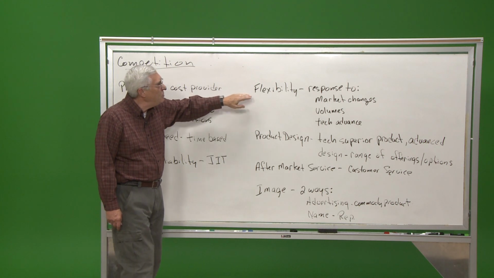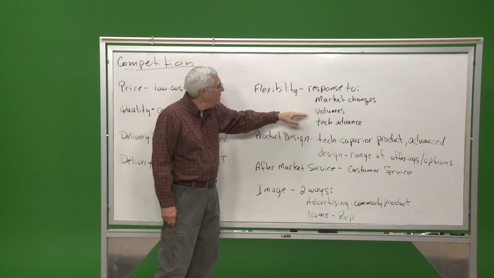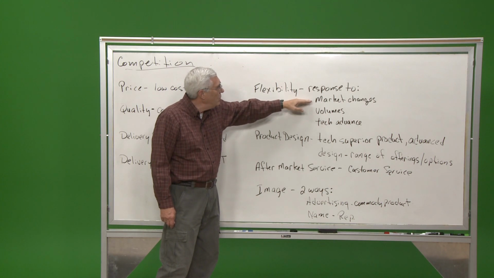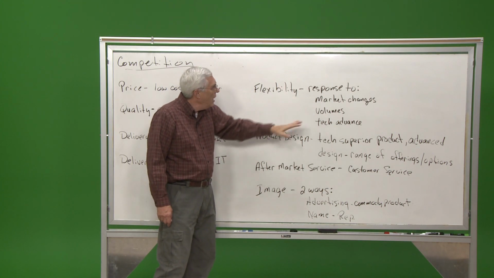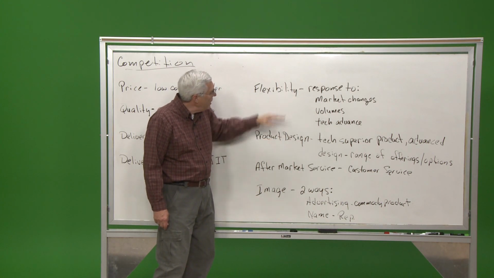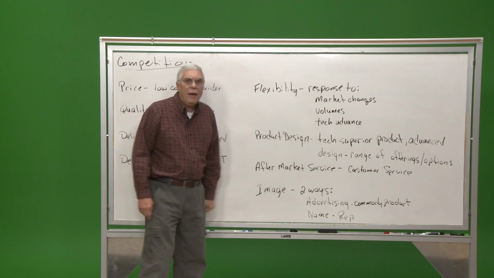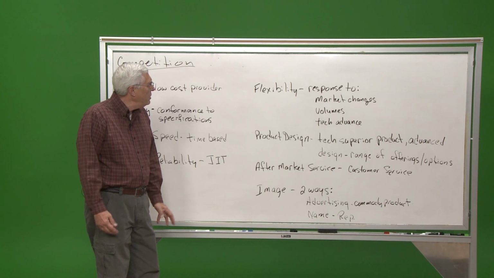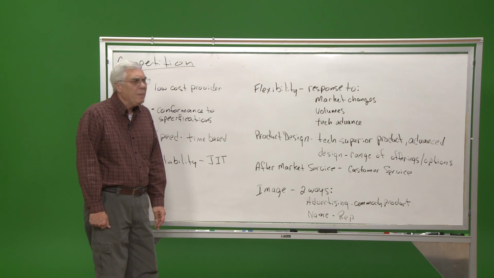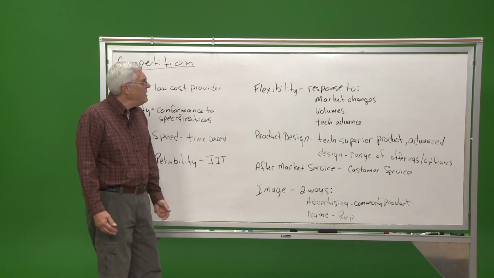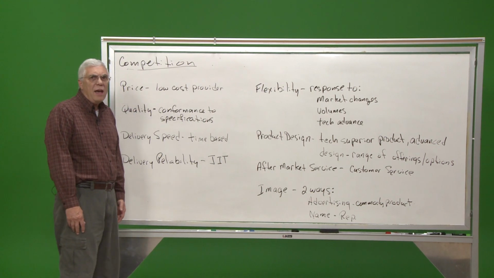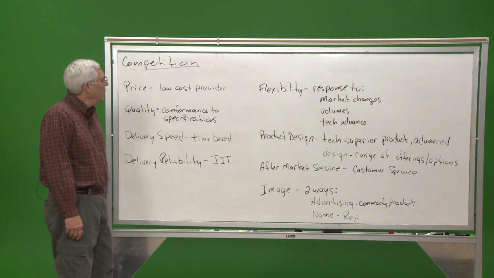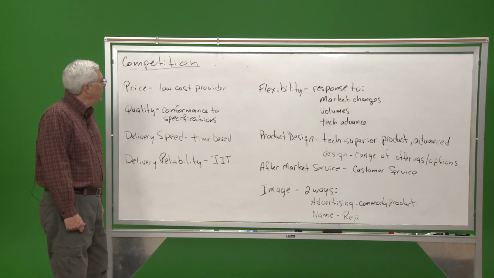We have a superior design that allows us to respond to market changes, volume needs, and actually we're probably hitting the 2 of those together. And it's not uncommon to focus on 2, but you really want to try to limit to 1 or 2 primary focuses for your competition. The quality technician needs to fully understand exactly what the primary focus of competition is that the company pursues.